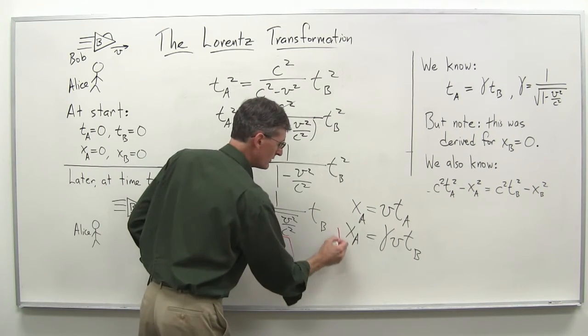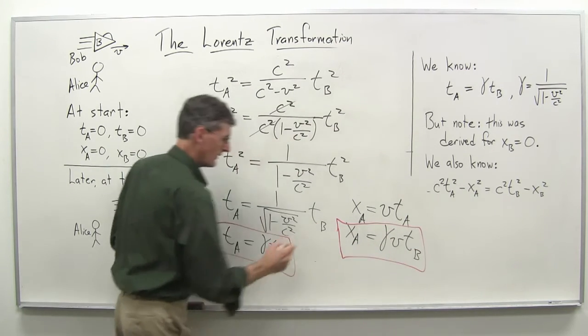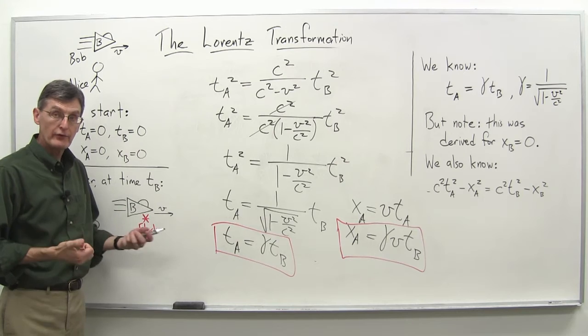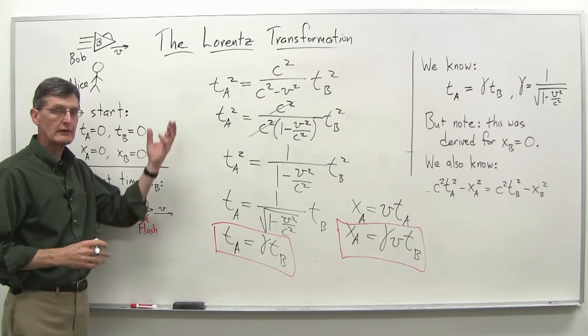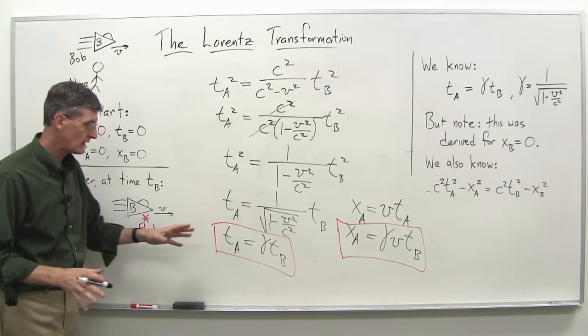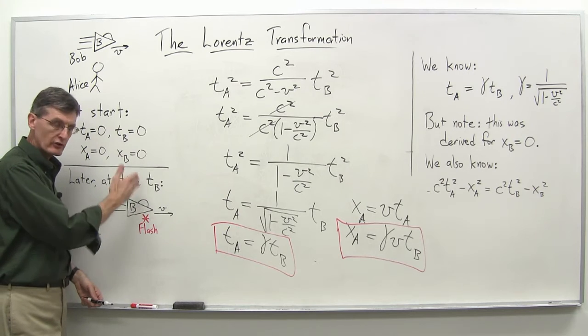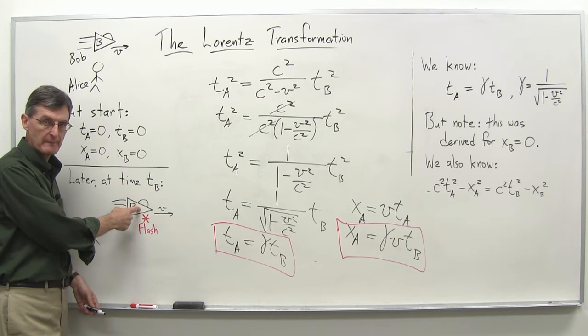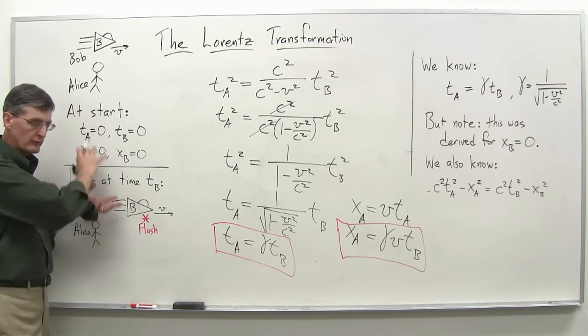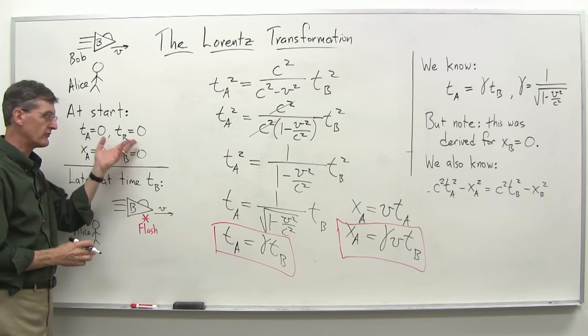So now we have our two, let me highlight them here. We've got that and that. That's a form of the Lorentz transformation for the case where the event is occurring at xb equals 0. Okay? And as we set up with the origins like that, which is standard procedure.